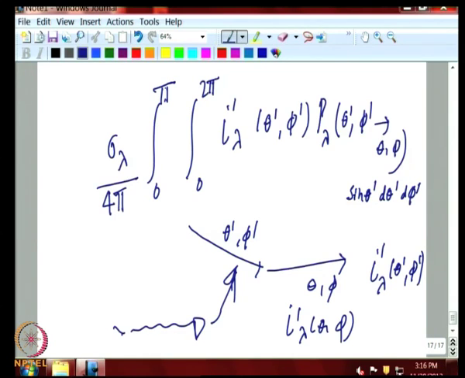So, all radiation problems with scattering demand that you solve the equation very carefully, because any simple approximation that you make for the scattering term must be carefully considered.